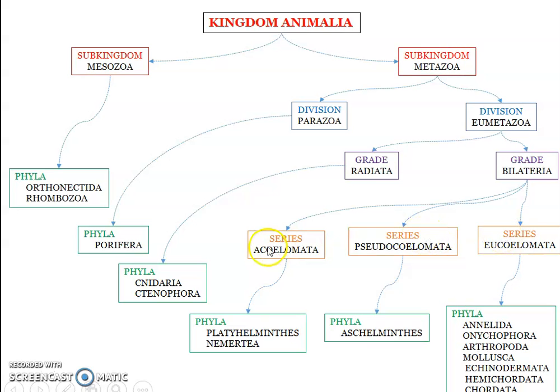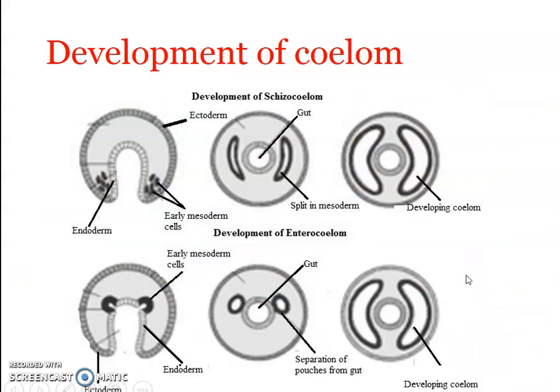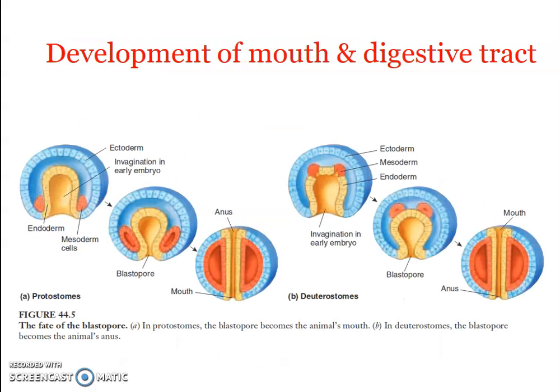All the acoelomates and pseudocoelomates have protostome kind of development. Even some of the eucoelomates also have it, for example annelids, arthropods, and some minor phyla like Onychophora. They have protostome development of the digestive tract, or mouth.